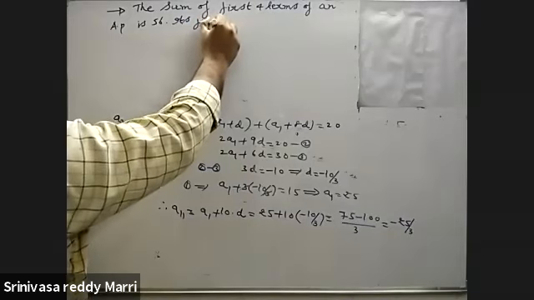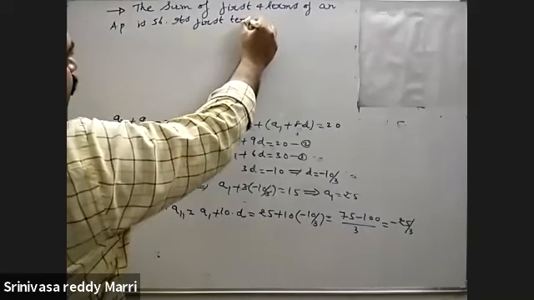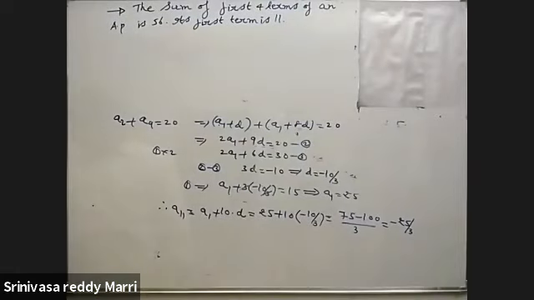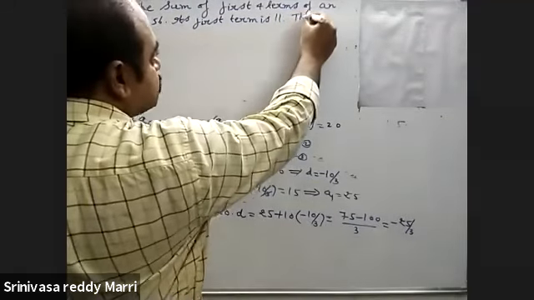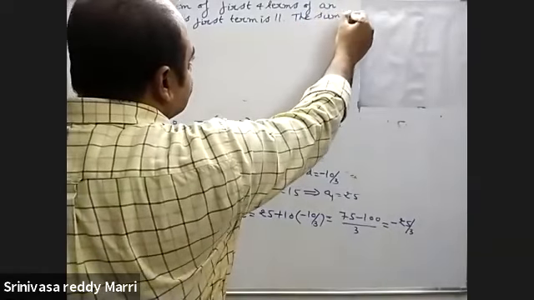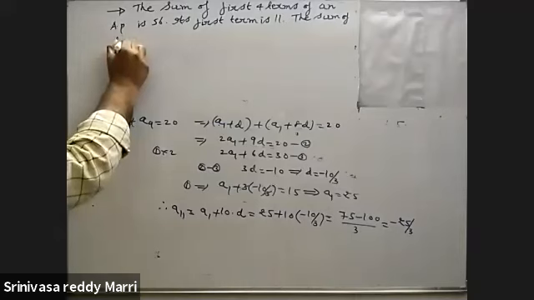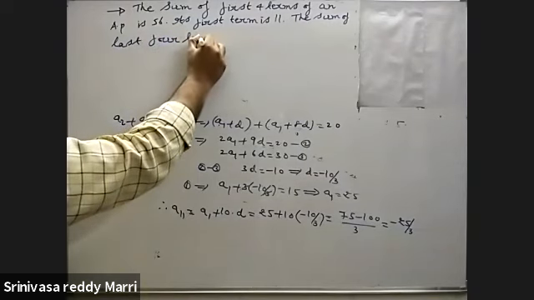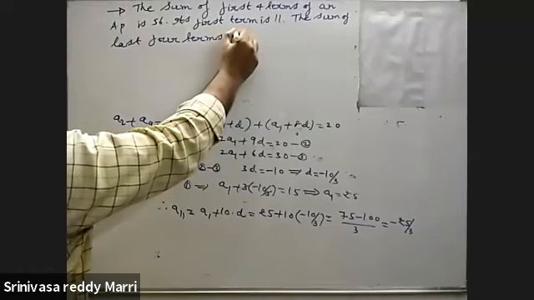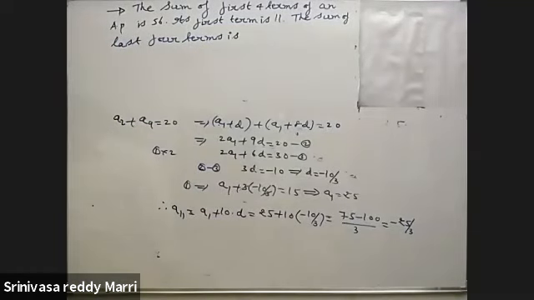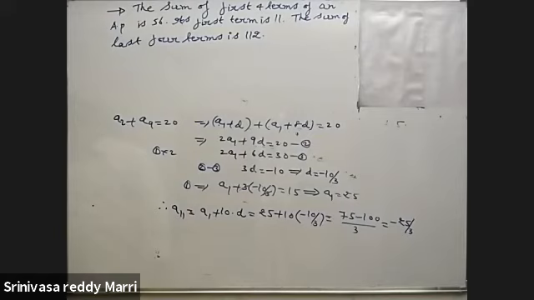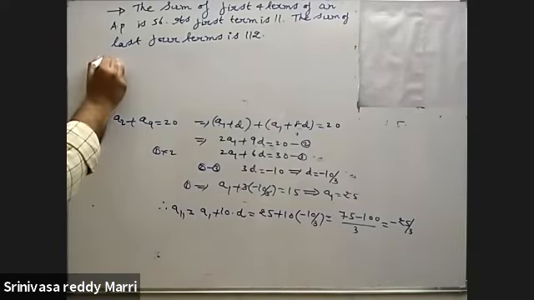Given that its first term is 11, and also given that the sum of the last 4 terms is 112.